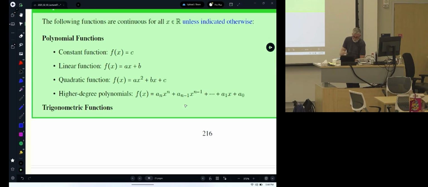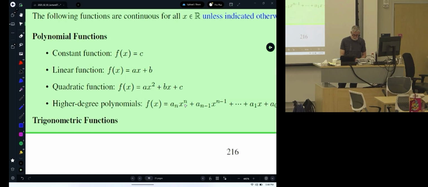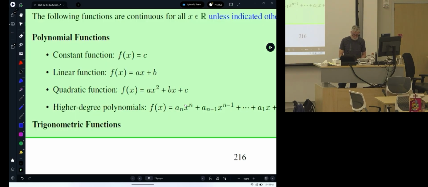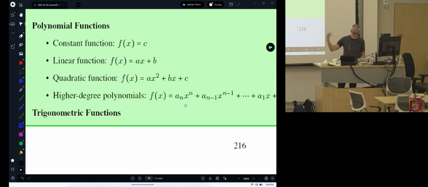So these functions are continuous everywhere unless indicated otherwise, and you'll see what that means in a second. So a constant function, continuous everywhere. Linear functions, continuous everywhere. Quadratics, higher degree polynomials, they're all continuous for every point in the reals.